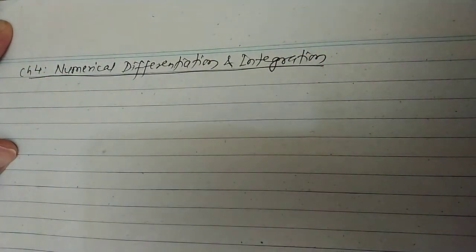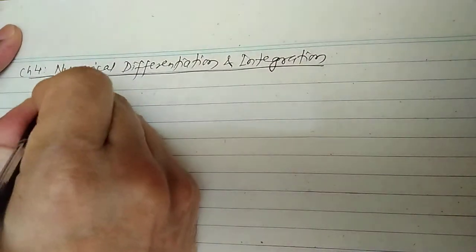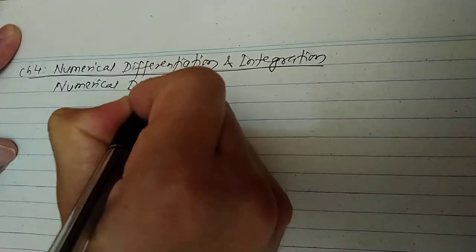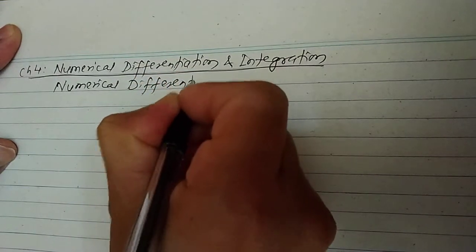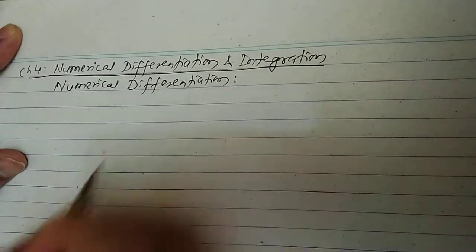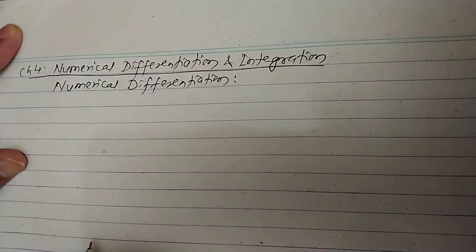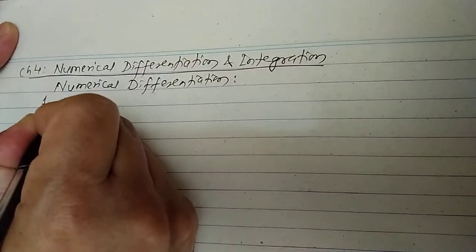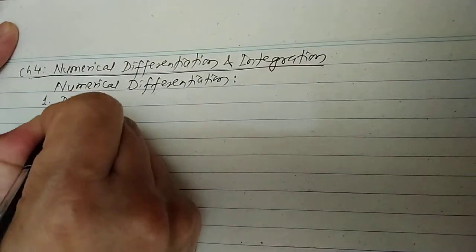So there are two topics. We'll be studying numerical differentiation first. In numerical differentiation there are two topics: differentiating a continuous function and differentiating a tabulated function. So we will be studying differentiating a continuous function.